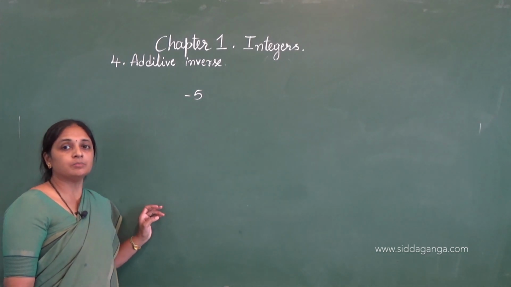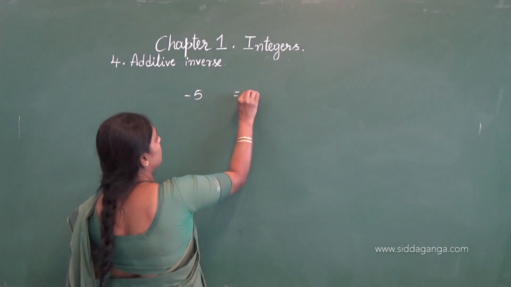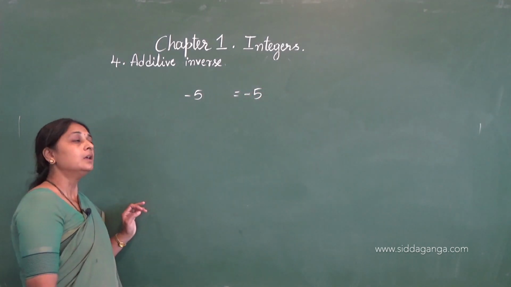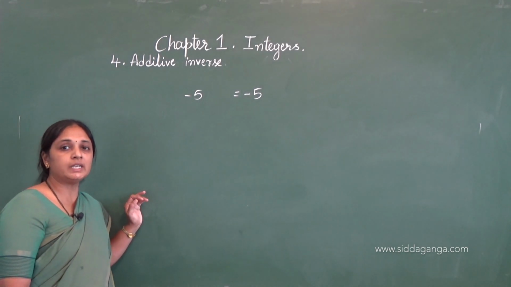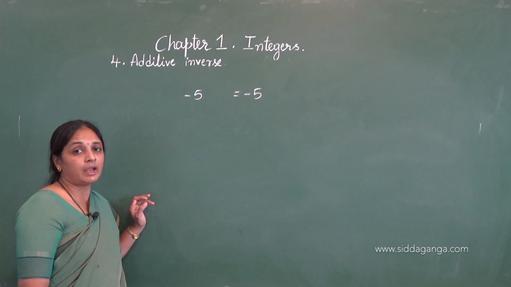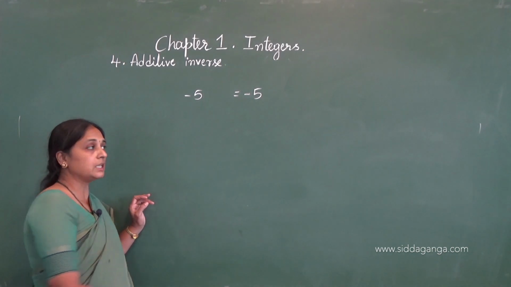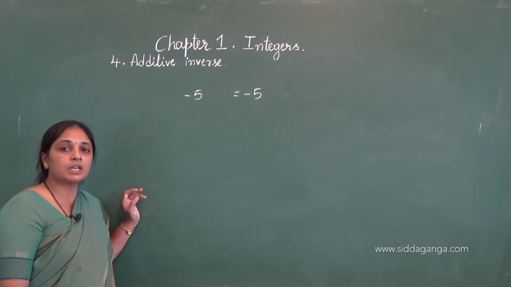When we add some number to the given number, and we get the same number as sum, in what condition do we get that? When we add nothing to the given number, we get the same number as sum. So nothing means here, what can we add?